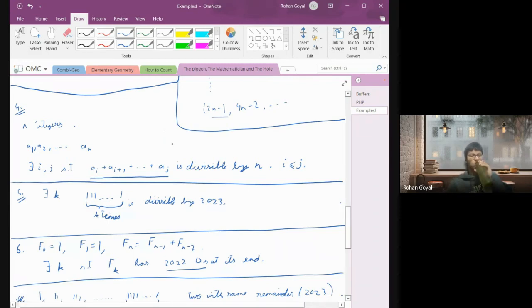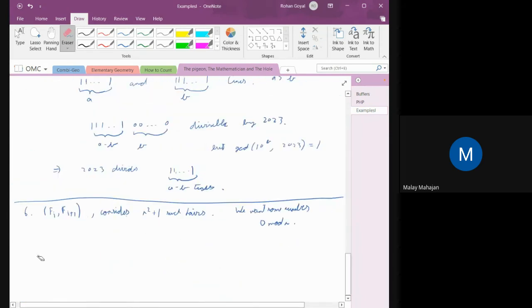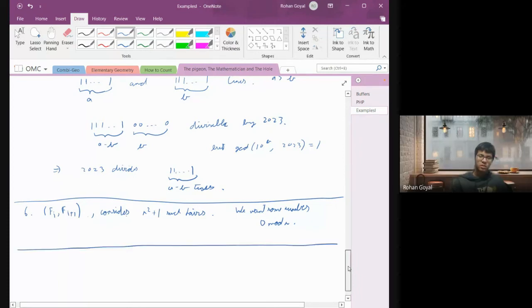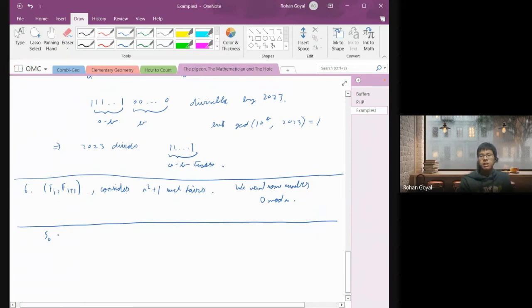Go ahead, Malik. Yeah, so we consider the n numbers A1, A1 plus A2, A1 plus A2 plus A3, all up to A1 plus A2 plus all up to AN. Good. Just let me write this. We call S0 the zeroth partial sum as 0. We call the first partial sum S1 as A1. Call the second partial sum as A1 plus A2, and so on.